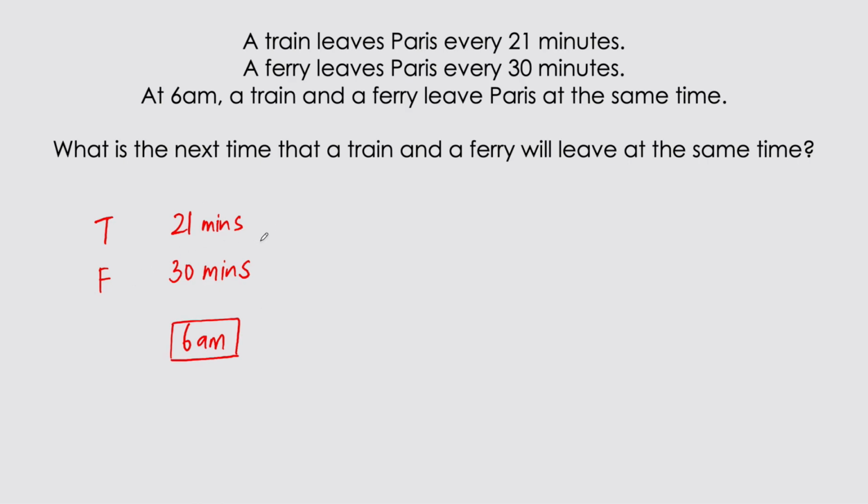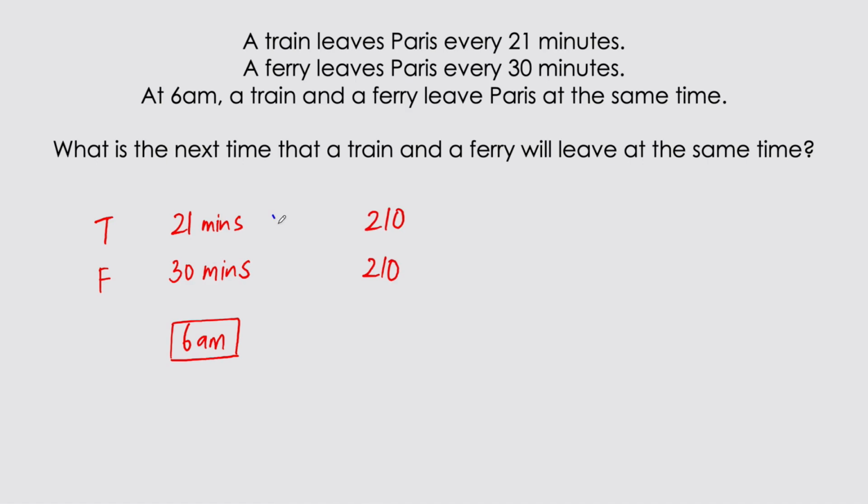Okay, so first of all, what we're going to do here is find the common multiples of 21 and 30. What is the smallest number that I can multiply to 21, and what's the smallest number that I can multiply to 30 that would give me the same number here? Actually the smallest common multiple for both of these numbers is 210.